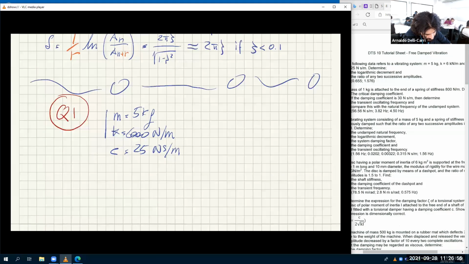We know that omega n is the square root of K over M. Square root of 6,000 over 5, that's 34.64 radians per second.